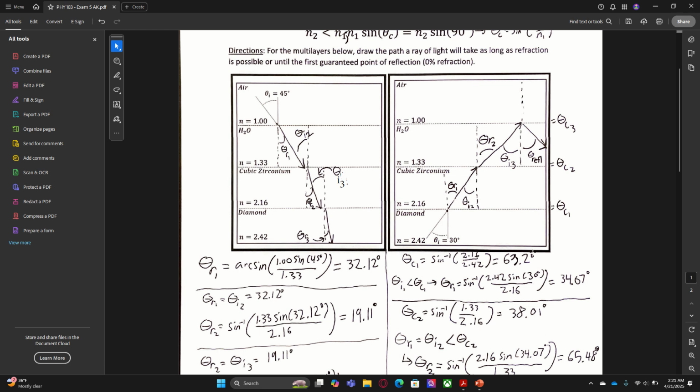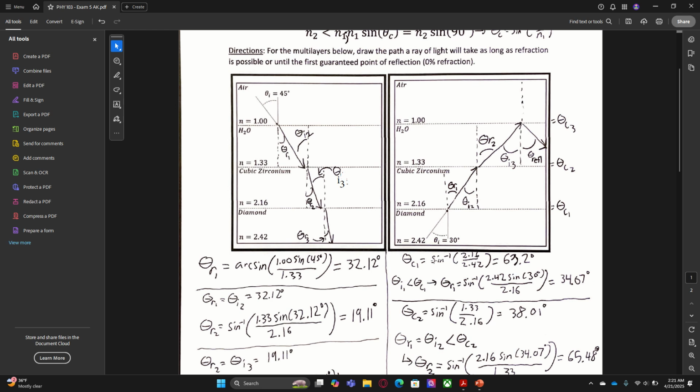This is just a check, where we compare our current incident angle, which is currently 30 degrees. Our incident angle, theta I1, is less than our critical angle, theta C1. That means, since 30 is less than 63, it's possible for this ray to refract into the next layer.